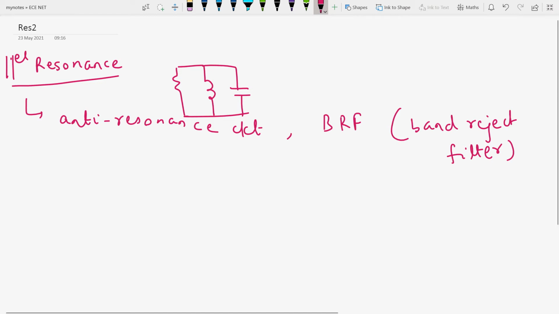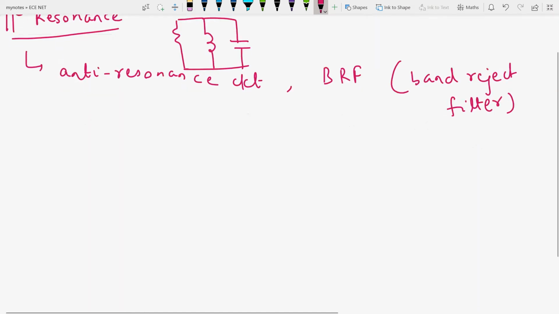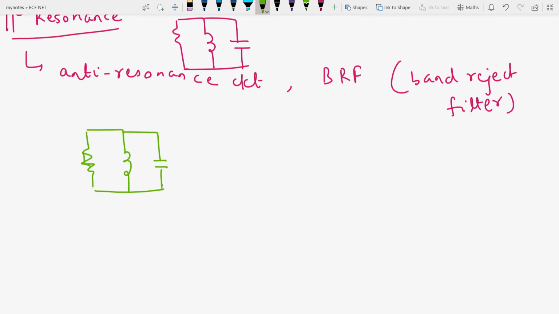Now, in case of parallel resonance, this is R, this is L, this is C, and here you have some voltage source, this is V, and some currents are flowing like IR, IL, IC.